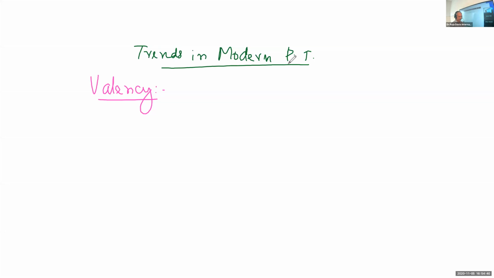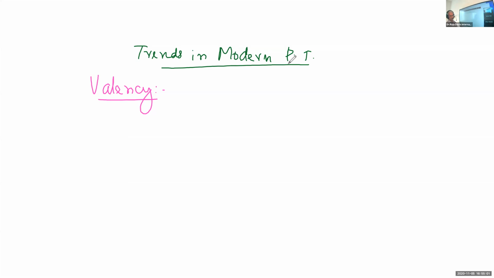When I say valency is the combining capacity, the picture is not clear for you because you are seeing valency of an element as a number only. So how can we define valency of an element?